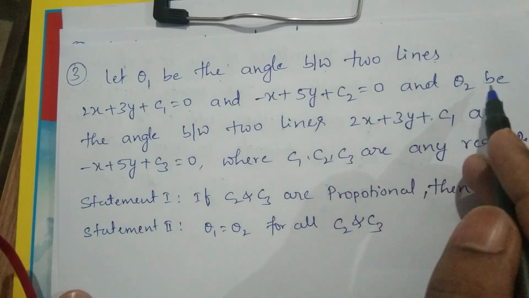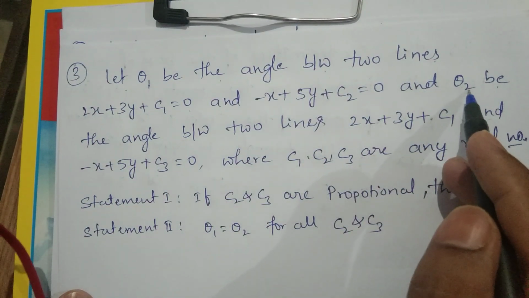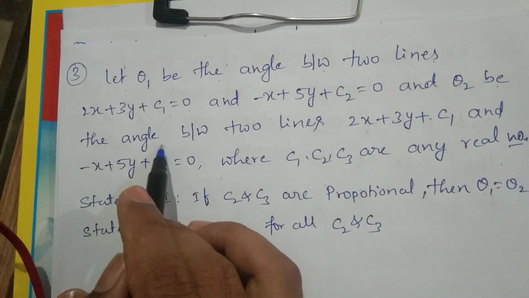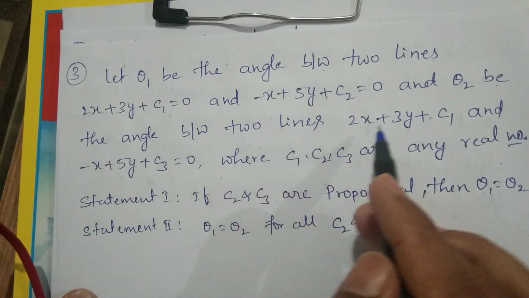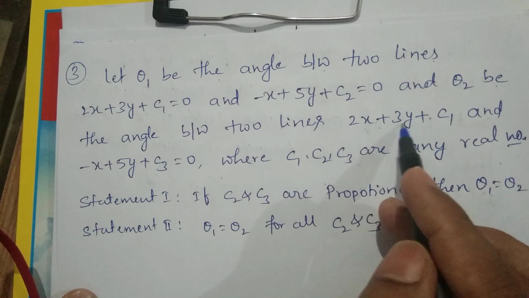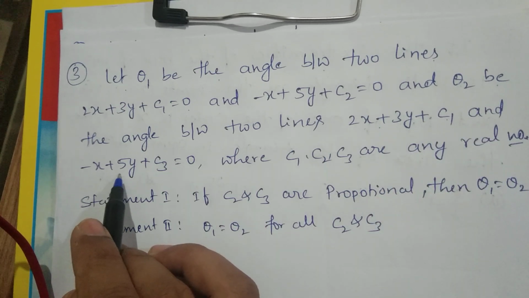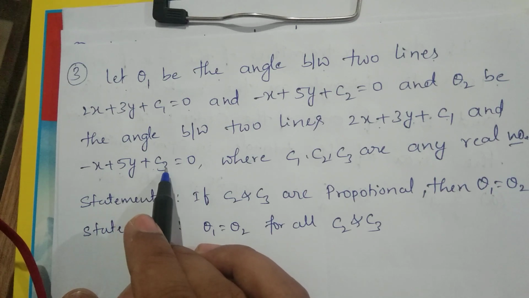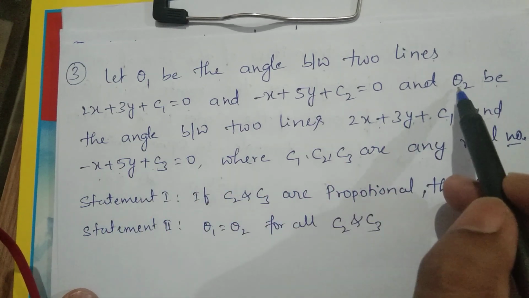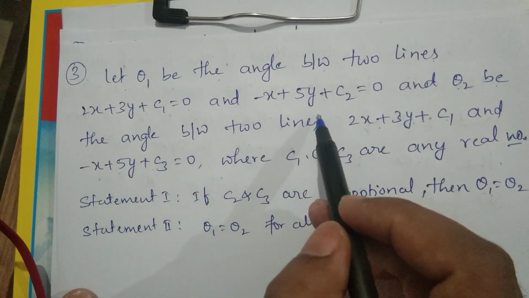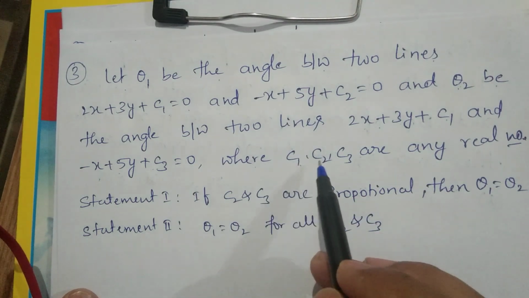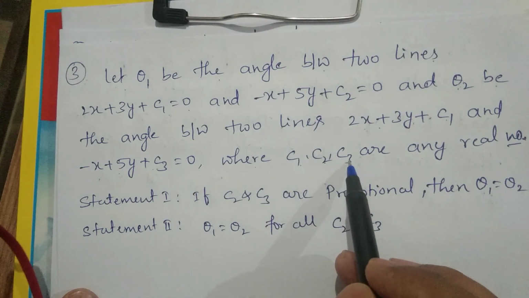And theta 2 is the angle between the two lines 2x plus 3y plus c1 and minus x plus 5y plus c3. Theta 2 is the angle between these two, where c1, c2 and c3 are any real numbers.